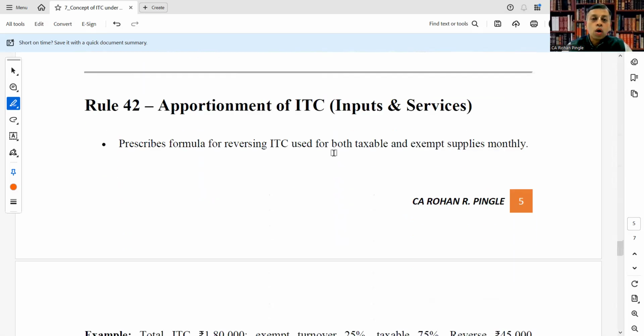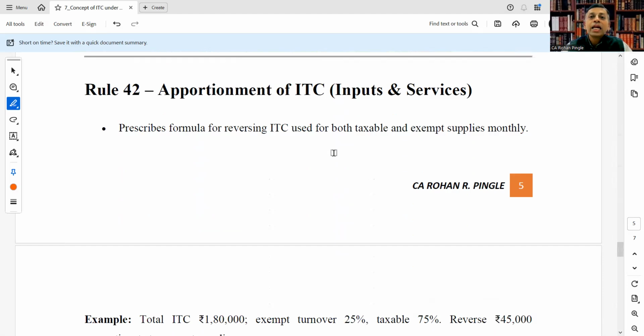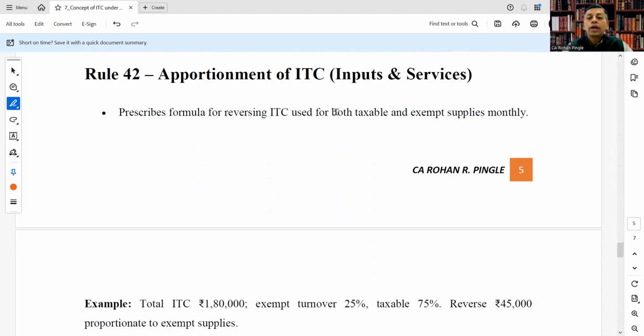Rule 42, apportionment of ITC on inputs and services, and Rule 43 talks about apportionment of ITC on capital goods. Rule 42 prescribes a formula, as I said earlier, for reversing ITC used for both taxable and exempt supplies, monthly.